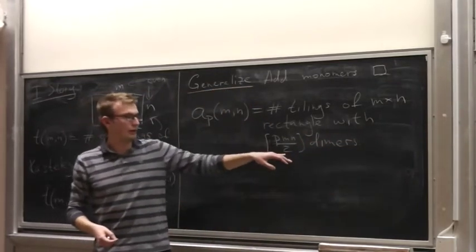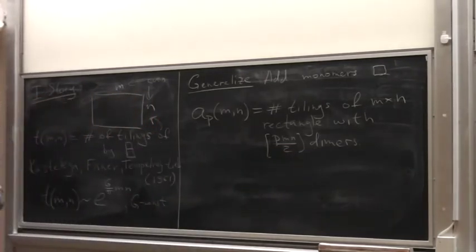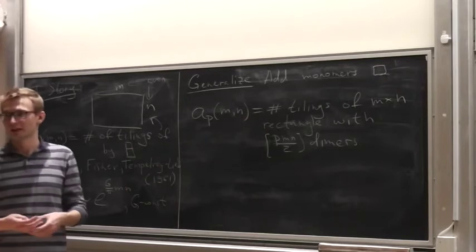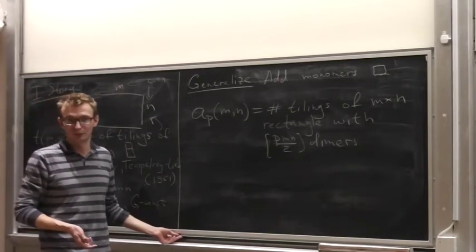So this pmn over 2 just means that dimers occupy a ratio p of the area. And again, what I'm interested in is how fast it grows.